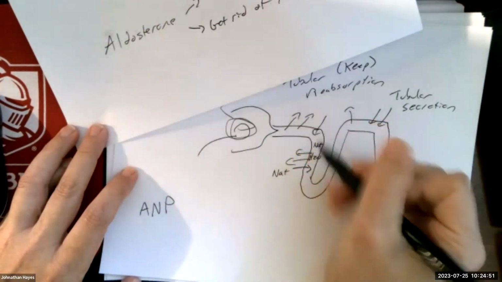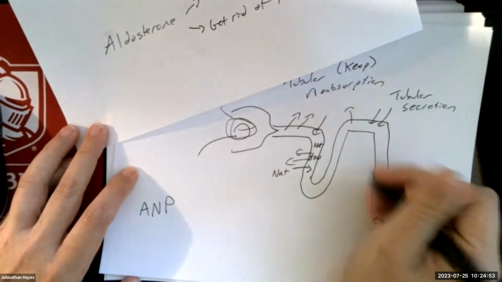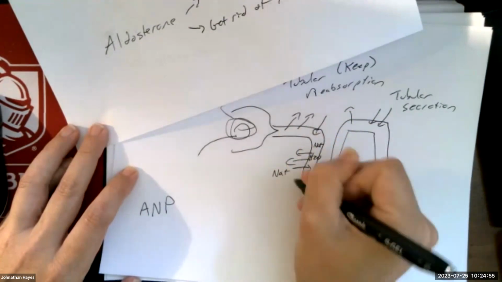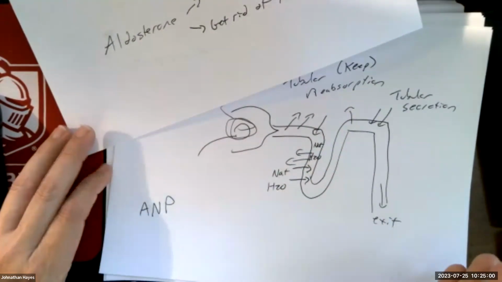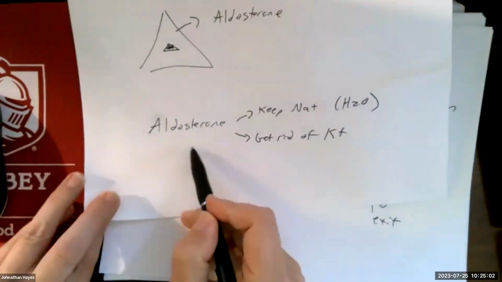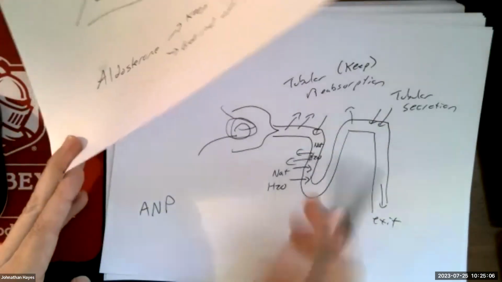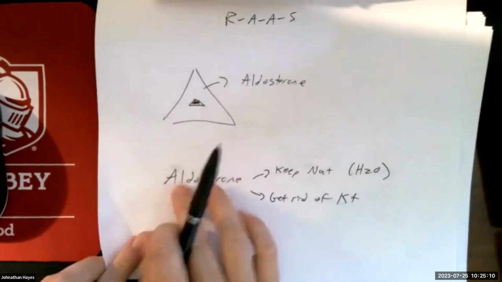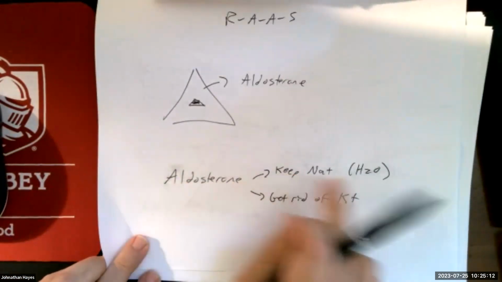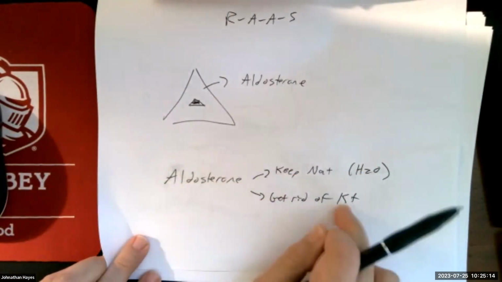So we don't reabsorb it as much. We can add more through tubular secretion if we want to. We can add more sodium in, and then water will follow, right? So wherever sodium goes, water follows. Aldosterone is going to pull it out of the tubular system. Atrial natriuretic peptide pushes it into the tubular system. Forget this for a second. Let's just focus on this, okay? So what does aldosterone do? It keeps sodium, therefore it's going to keep water, and it gets rid of potassium.